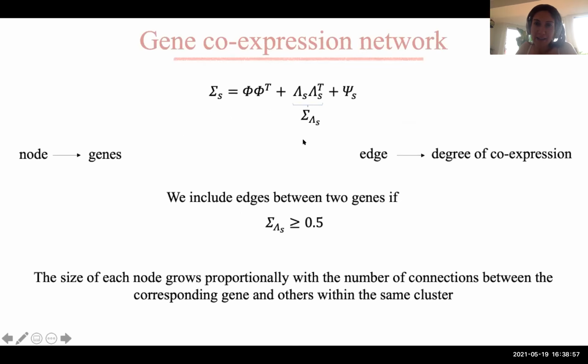So again, here, what I'm doing is a gene co-expression network, considering just this tissue-specific component, and each node represents a gene, and each edge corresponds to a degree of co-expression. And we include the edge just if 2 genes have a study-specific correlation greater than 0.5.